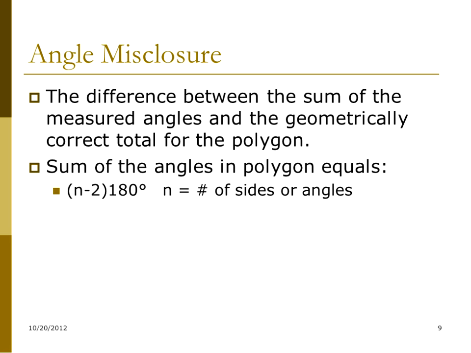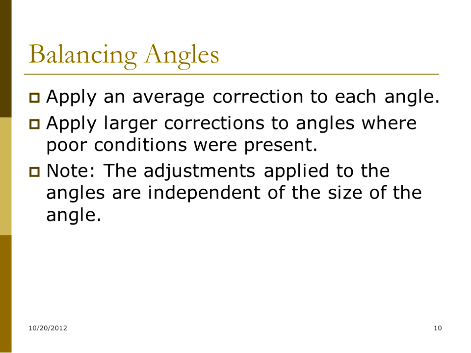We know that n minus 2 times 180 will give us what we're looking for. So then we're going to apply an average correction to each angle. You can also apply larger corrections to angles where poor conditions were present, but for our purposes, we're going to stick with an average correction to each angle.